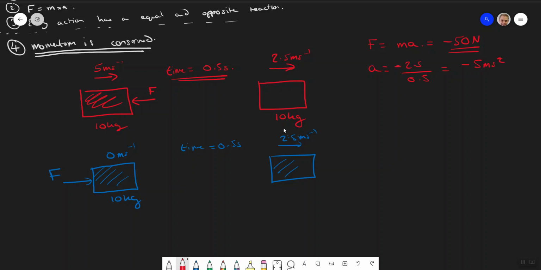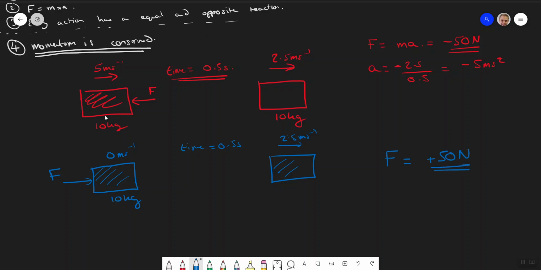So same problem, same thing, but slightly reversed. This time we've got an accelerating force. My force in this case, in blue because I'm trying to keep this consistent, is equal to plus 50 newtons.